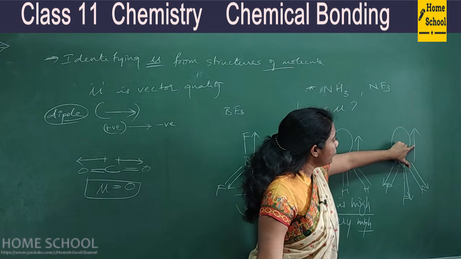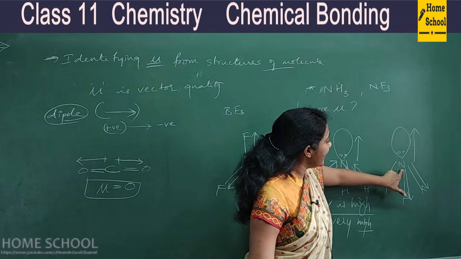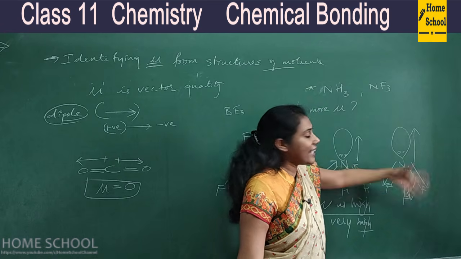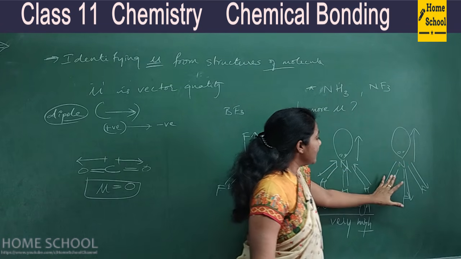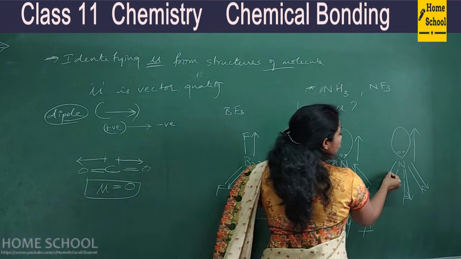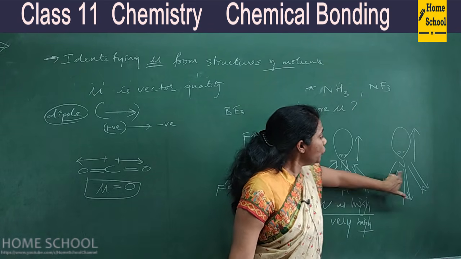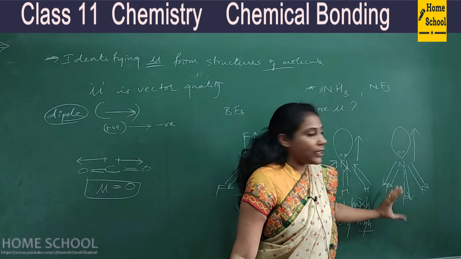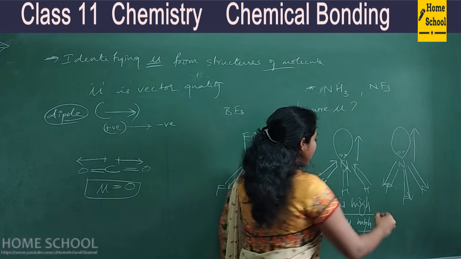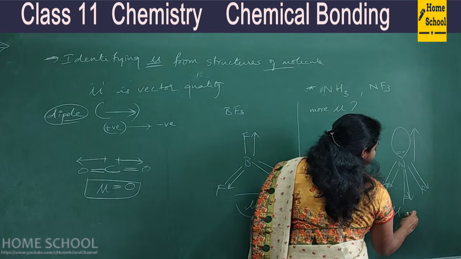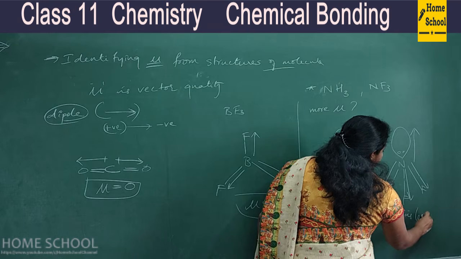If you take this above arrow and any one below arrow, they will get cancelled. So the resultant dipole is due to only any two bottom arrows. That's why here you will observe dipole moment, but the dipole is less.